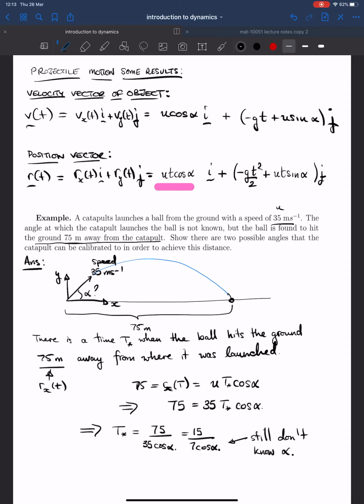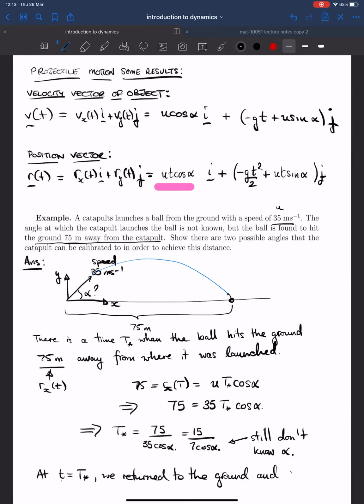But remember that at this T star, we've returned to the ground. At T equals T star, we've returned to the ground, so we know something else about the height. We return to the ground.